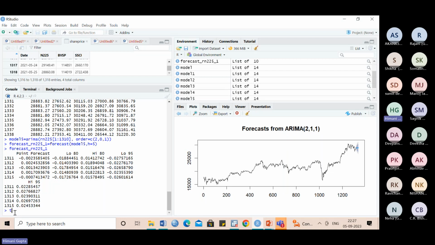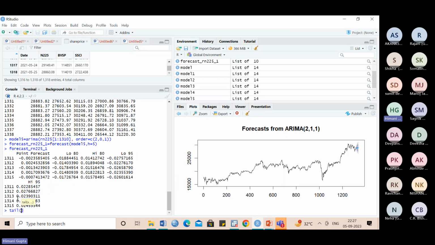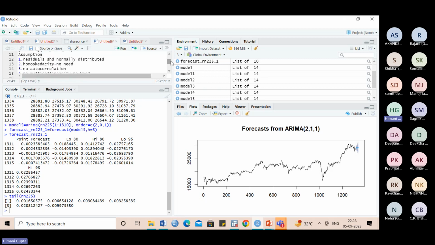So let me write tail. The word tail is a command. It will give me the last 6 observations of my series Rn225. Now it has given me the last 6. I have taken from 1311.